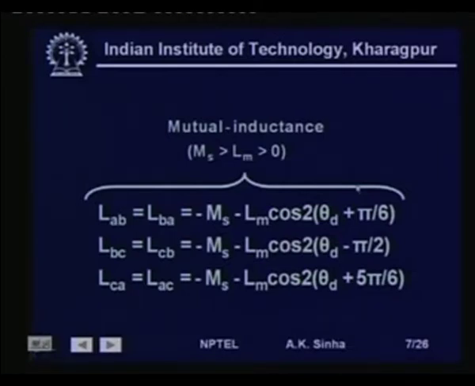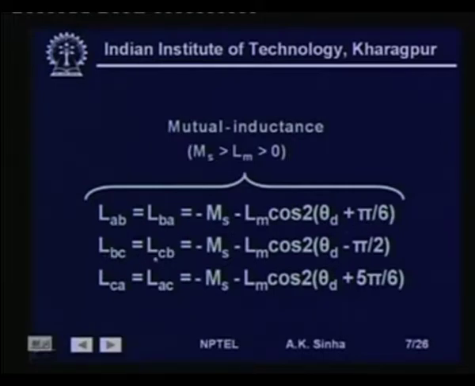Similarly, the mutual inductance between the stator coils L_AB is equal to L_BA, which is equal to minus M_s minus L_m cos 2(theta_d plus pi by 6), that is 30 degrees.